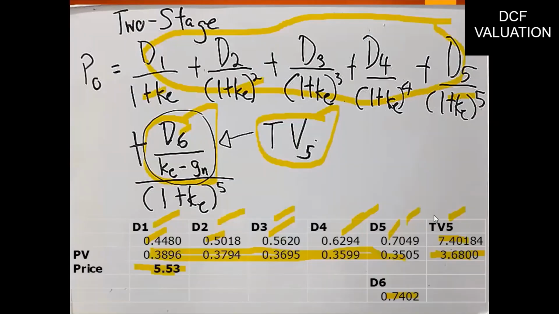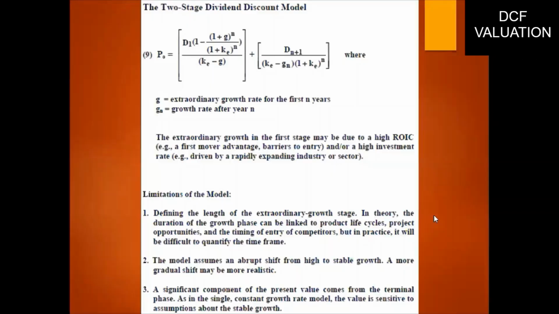This formula is the same as this formula, simplified. But I'm sure you won't use this formula on the screen when you do it in Excel. You just use our example. Why are they the same?